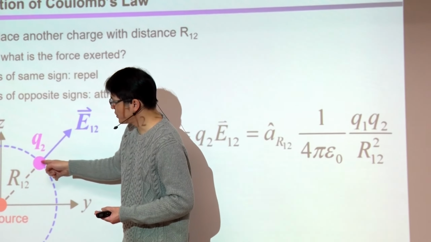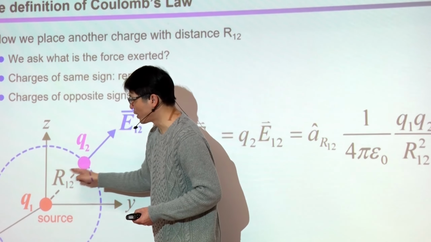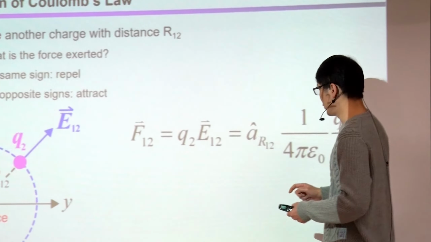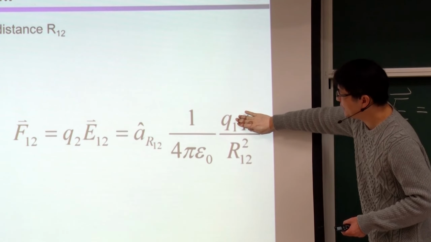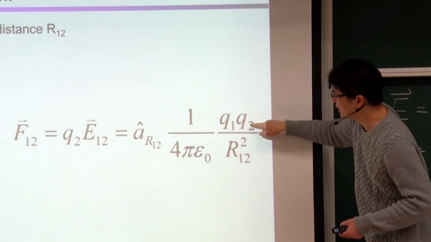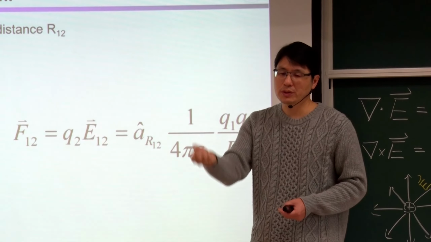Because charge number 2 is seated R12 distance away from charge number 1. So this is where you put R12 squared. And that E12 is now multiplied by Q2. So this is Coulomb's law.